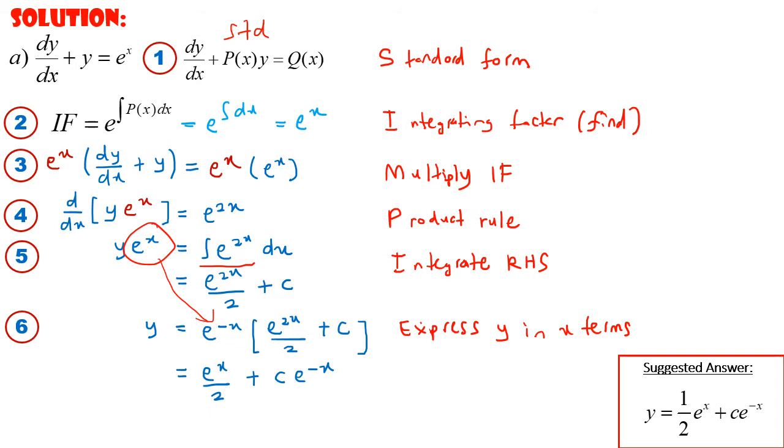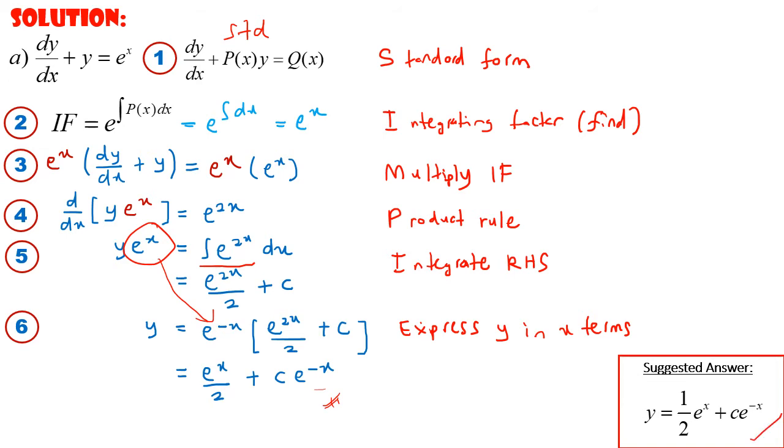So we bring it to the right hand side and it will become e^(-x). So we multiply with the integration result from the right hand side. So e^(-x) times e^x will get the constant c, so c times e^(-x). That will be our answer for question A.